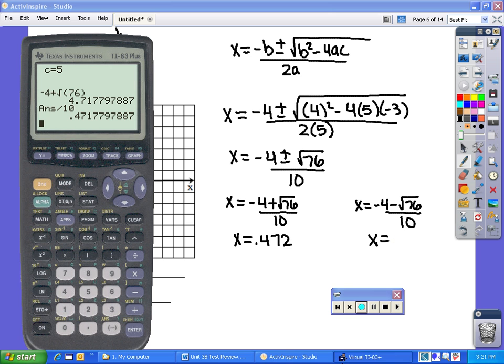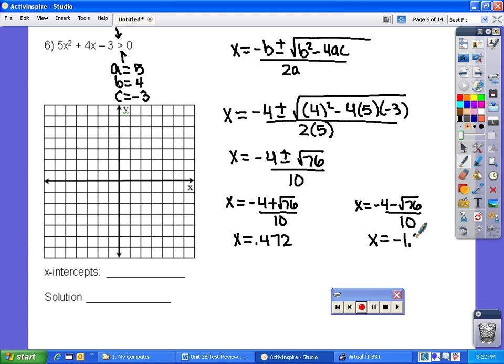Now you can do it again in your calculator. -4 minus square root of 76 divided by 10. And you get -1.272. These are called x-intercepts. And these actually are going to go onto the axis. 0.472 is in between 0 and 1.